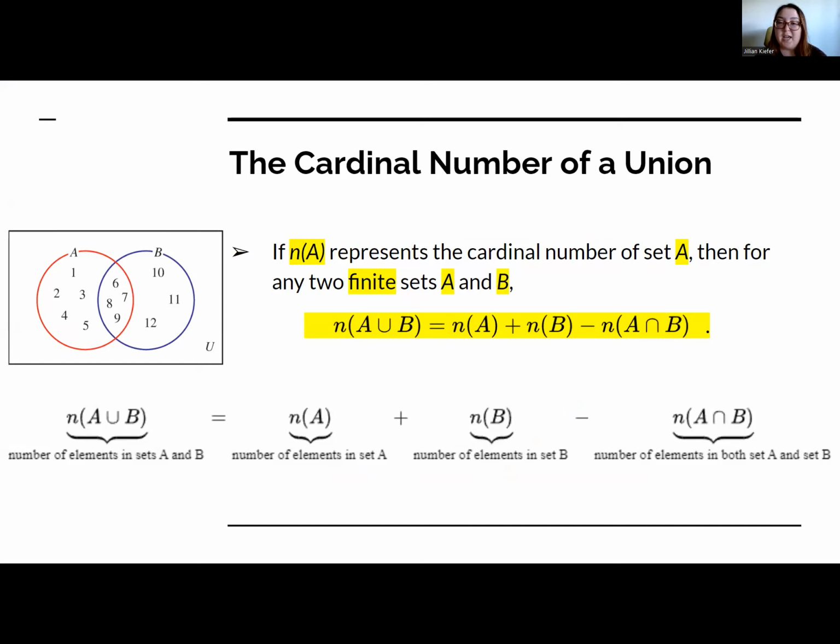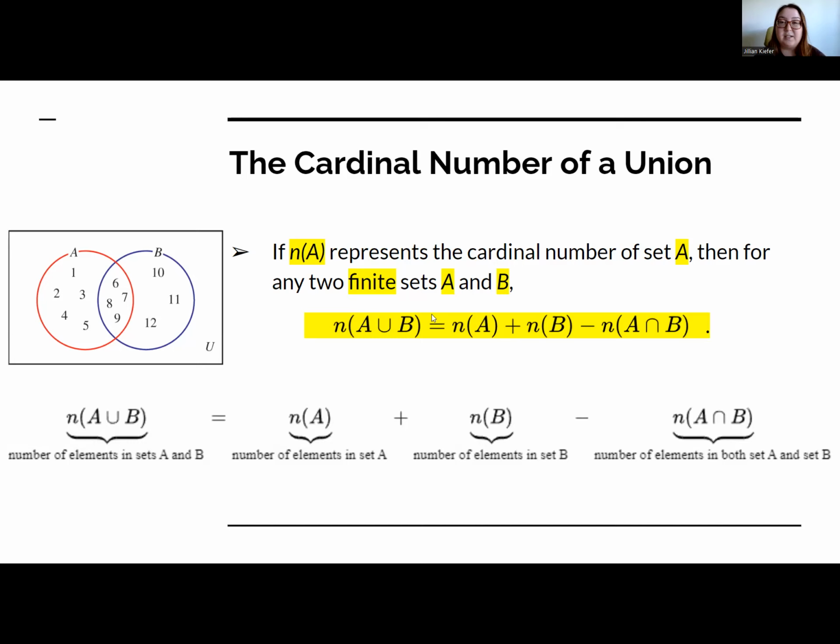So if n(A) represents the cardinal number of set A, then for any two finite sets A and B, the cardinal number of A union B is equal to the cardinal number of A plus the cardinal number of B minus the cardinal number of A intersect B. How this breaks down is you have the number of elements in sets A and B, the union of A and B, is equal to the number of elements in set A plus the number of elements in set B minus the number of elements in both.